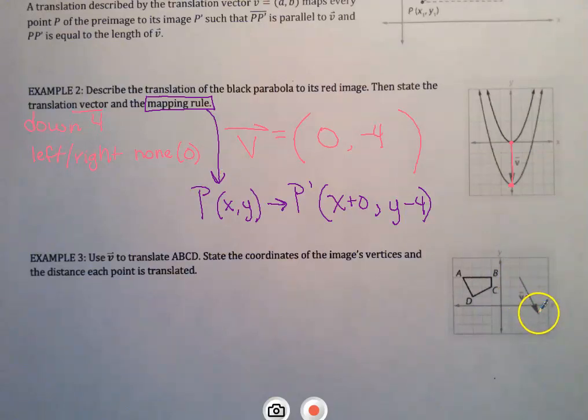But we want to go to the end of it, right? So we could look at the slope. We went down 4, so negative 4, and right is a positive 2. It would be helpful if we wrote that in vector notation just so we could practice. What would our vector notation be?